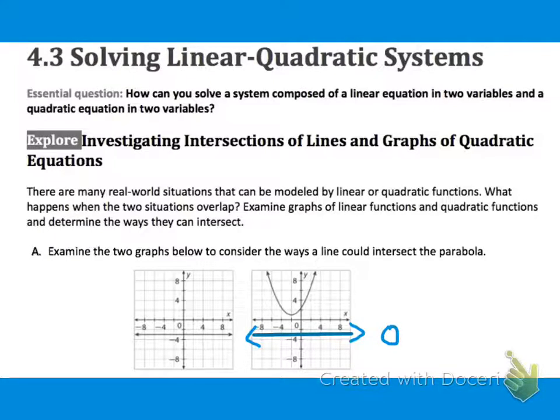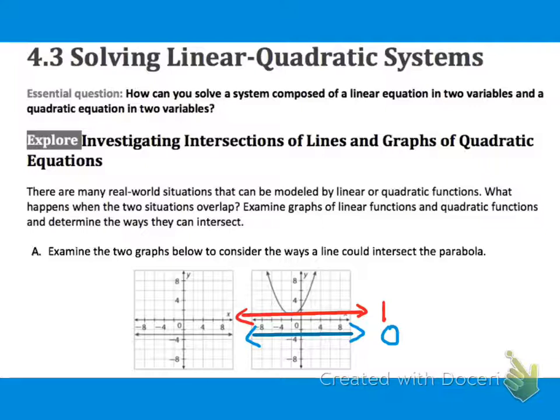And then let's say instead the line was shifted up and positioned strategically so that it just hit right there at the vertex. So it could intersect in a spot like this, and there'd be one solution.